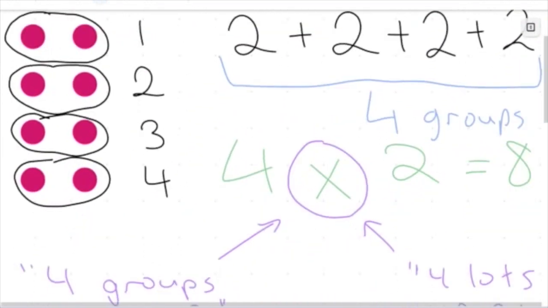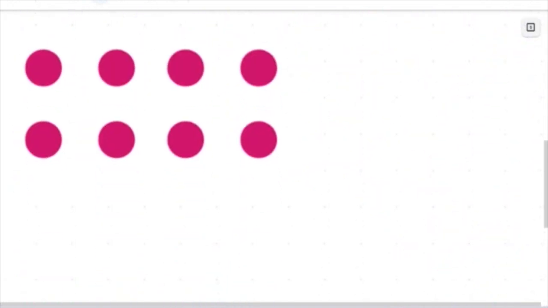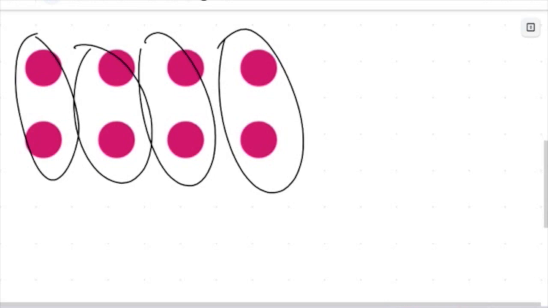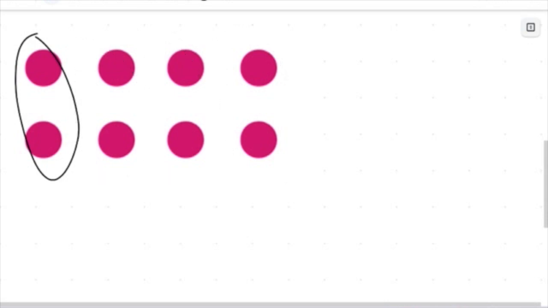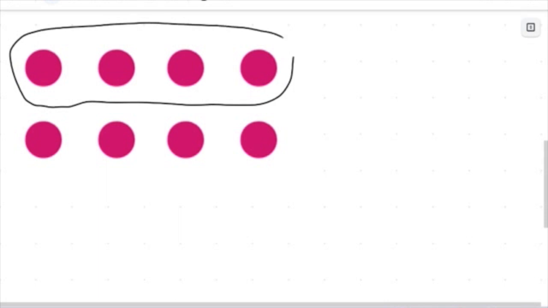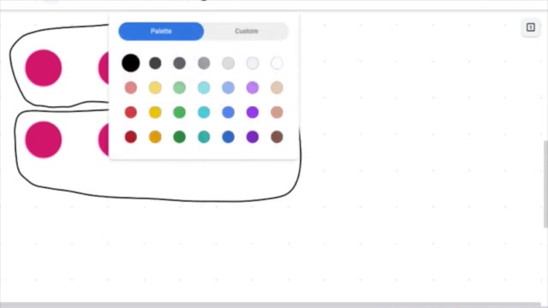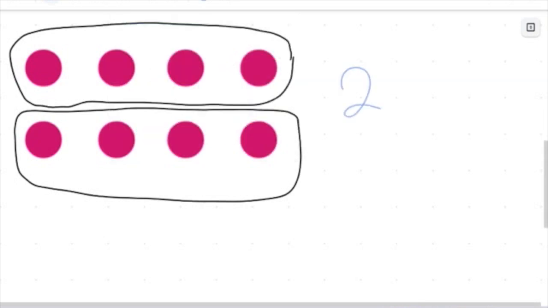So here, instead of doing this, I've gone down to this thing here. Now, doing these, I can once again take 4 groups of 2, but can we think of an easier way we could add this? Well, instead of taking 4 groups of 2, I hope you can see this, we can also split this evenly into 2 groups of 4, or 2 times 4.